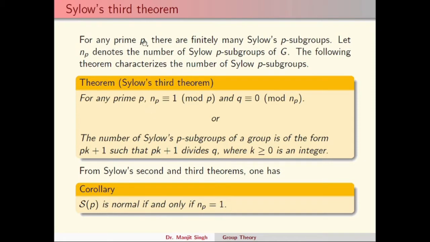So if for any prime P there are finitely many Sylow P subgroups, as we are considering a finite group, let NP denote the number of Sylow P subgroups of G. Then according to Sylow third theorem, NP leaves remainder 1 when divided by P, and NP divides Q. This useful information helps to characterize normal subgroups and the number of Sylow subgroups of a finite group G. And we know that the study of normal subgroups very much belongs to the study of simple groups.